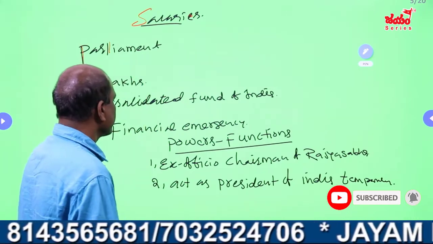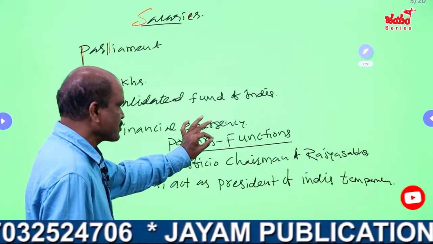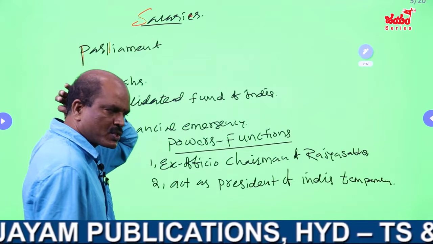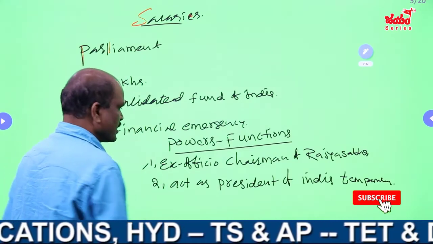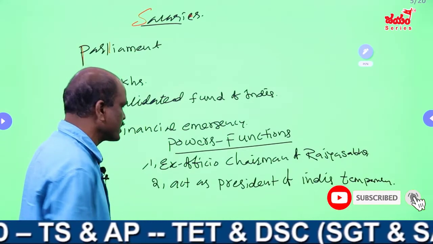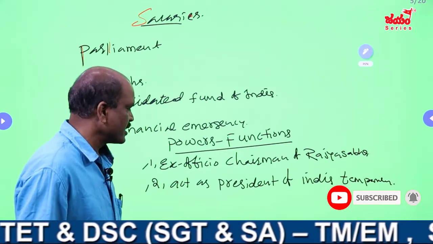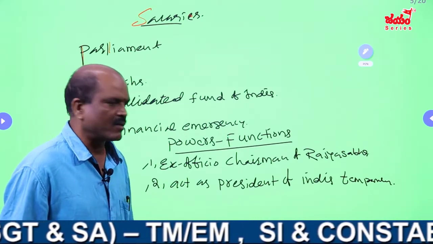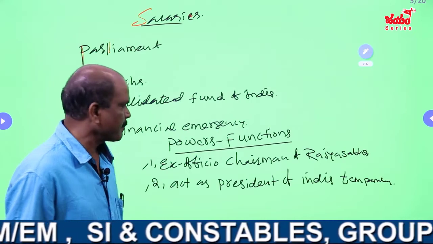So how many types of Vice President functions? 2. One is ex officio chairman of Rajya Sabha, the second is acting as President of India temporarily.